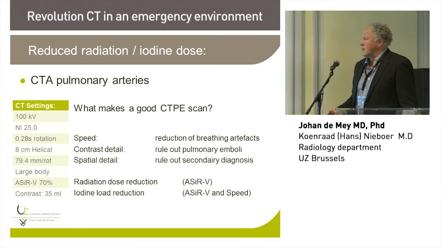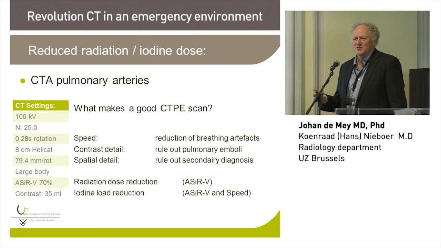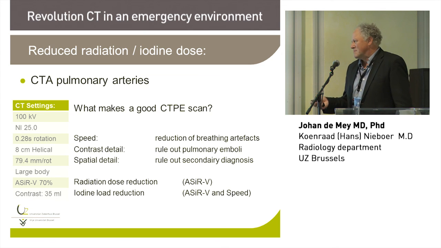Here again, this is our protocol. We go for a noise index of 25, which is quite high. We go for the 8 centimeters helical. I agree, axial could have some advantages, but I think it's easy to go for helical because in all those patients, breathing is often a problem and they can't stop breathing.